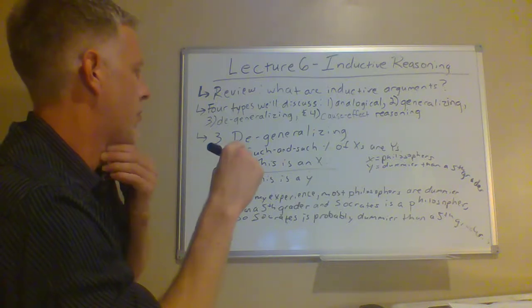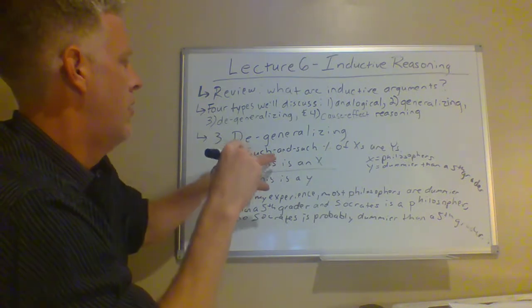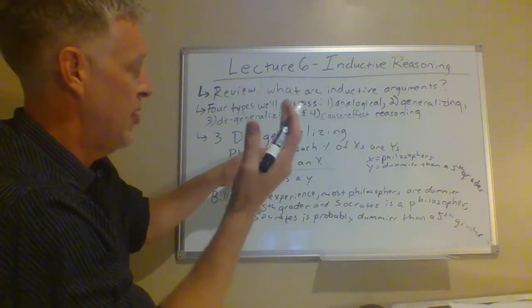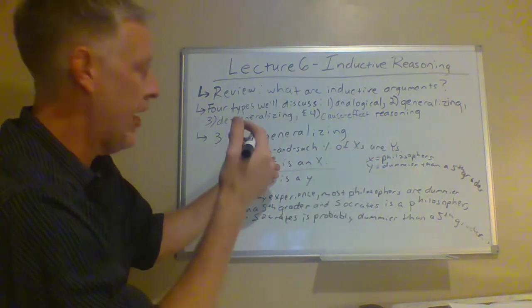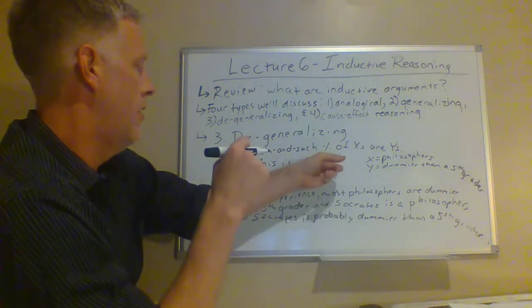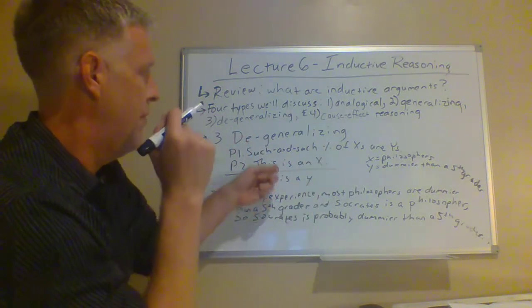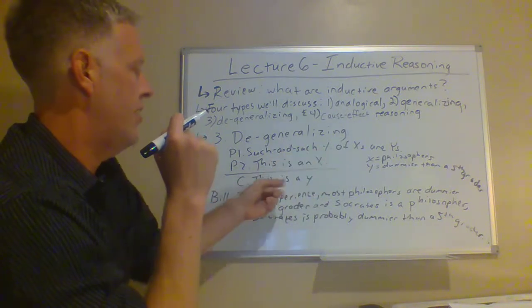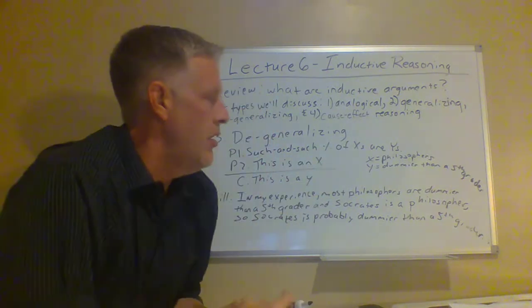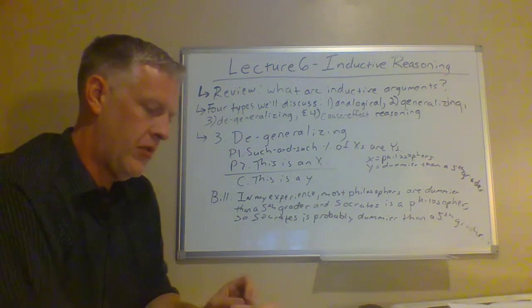So such and such percentage, or most philosophers are dummier than a fifth grader. Socrates is a philosopher. So they want us to conclude, well, since most philosophers are dummier than a fifth grader and Socrates is a philosopher, well, then Socrates is going to be dummier than a fifth grader.